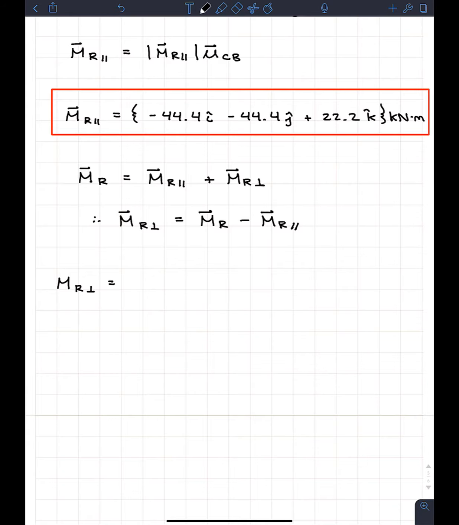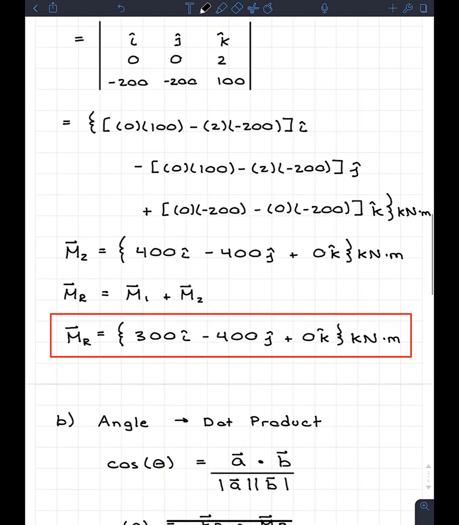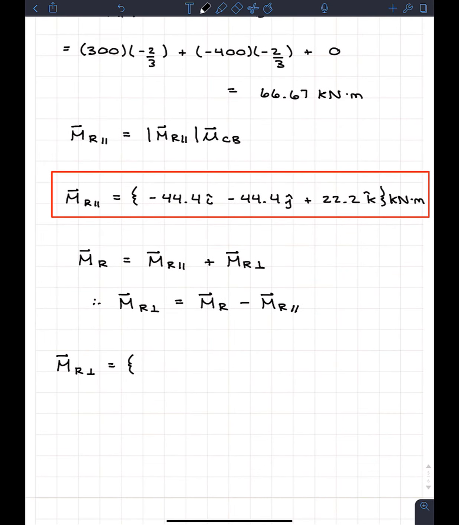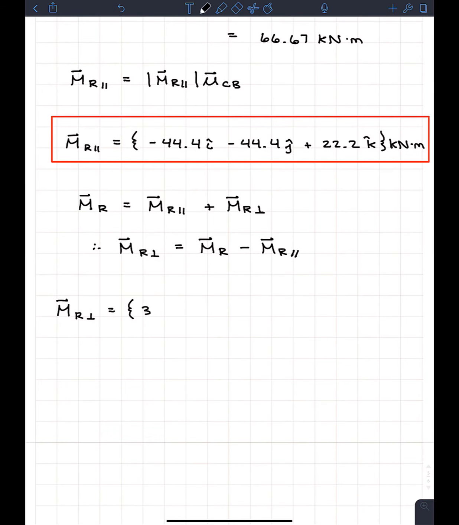So therefore, we're going to get MR perpendicular is equal to, and I'm going to do the squiggle brackets. So what's going to happen is I'm going to take the value of MR. If I look at this, we know that MR, the I component, is 300. And we're going to subtract the I component of MR parallel, which is negative 44.4. So what we get is 344I.